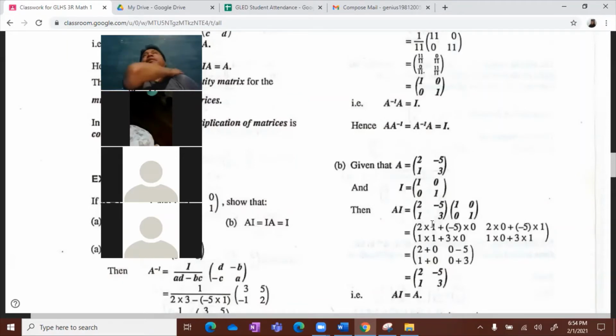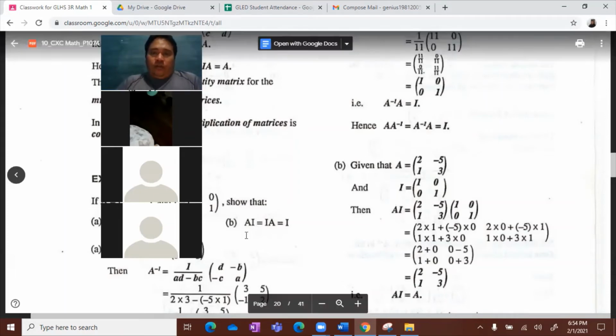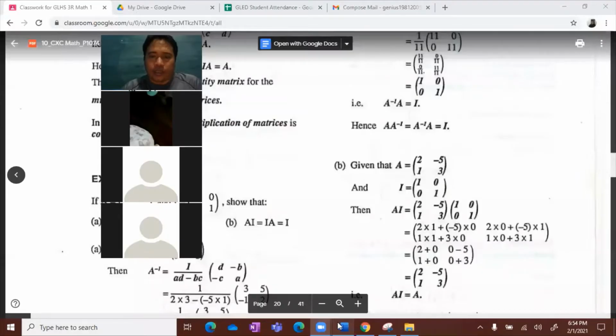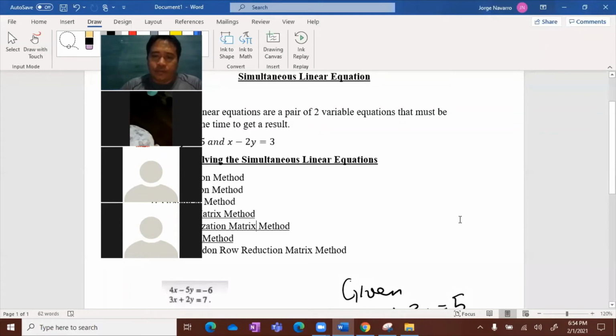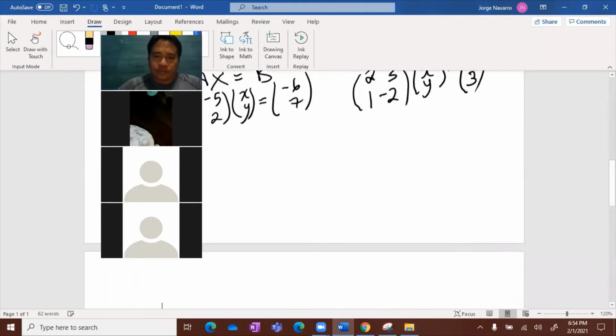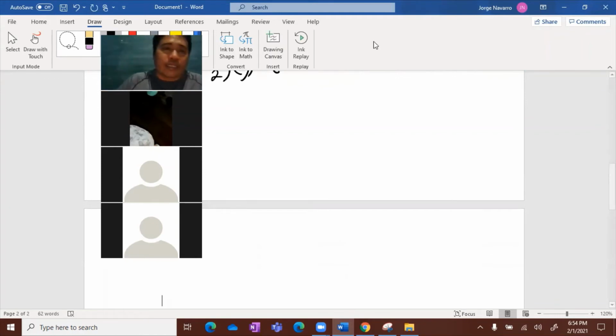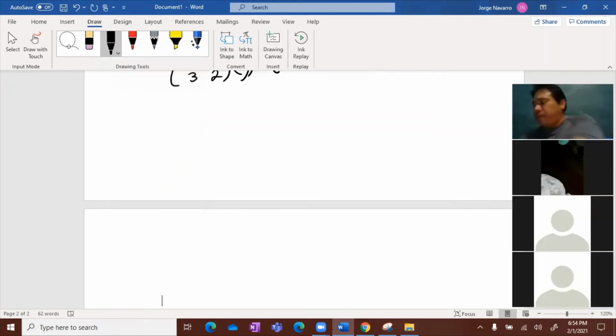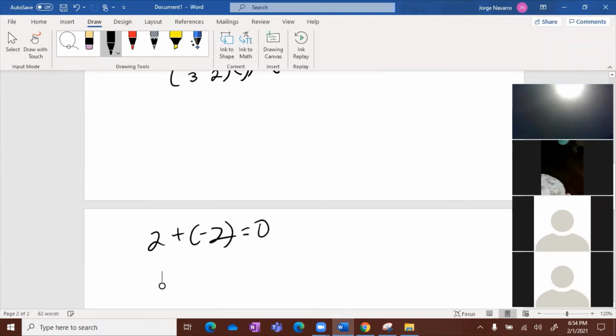Remember when we started this year, we were looking at identity and inverse in regular numbers. I don't know how many of you recall that, where we said 2 plus a negative 2 equals 0, remember?